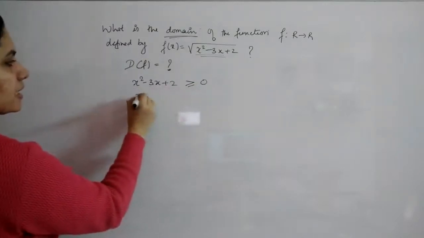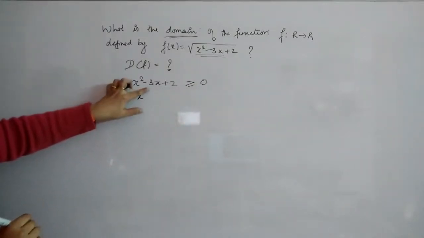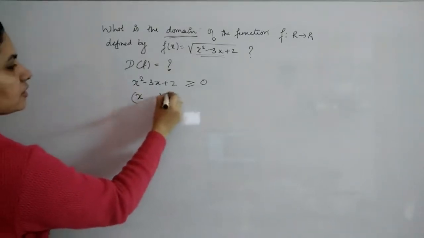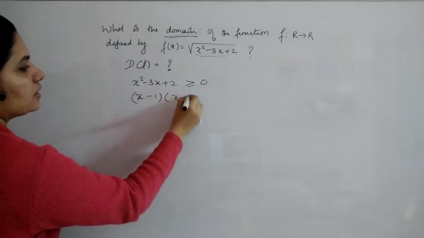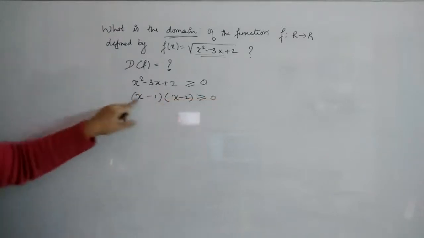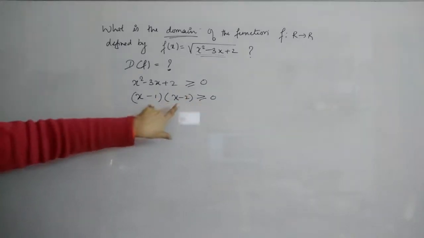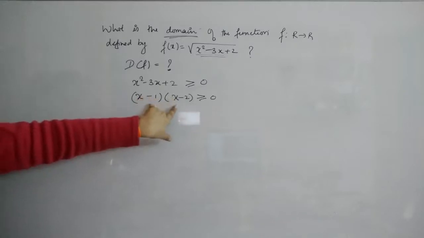That means here we can simplify this: x square minus 3x plus 2 can be written as a product of 2 terms, which is x minus 1 and x minus 2. So, this product should be greater than or equal to 0. Now, product of 2 greater than or equal to 0 means either both of them should be positive or both of them should be negative.